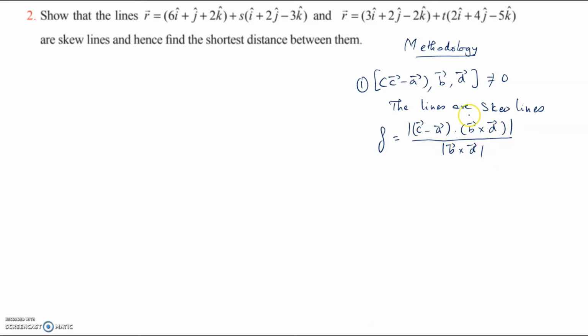So if we find the value of this, then we find the shortest distance between them. Now let's proceed to do the problem.